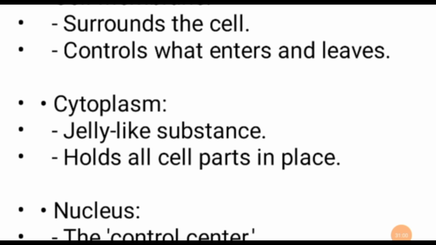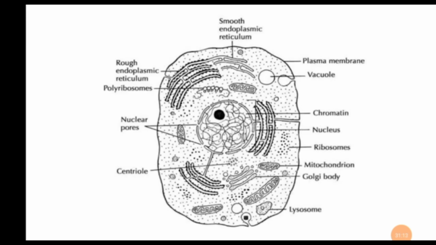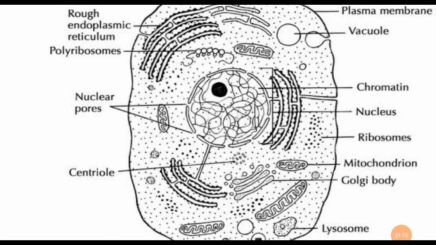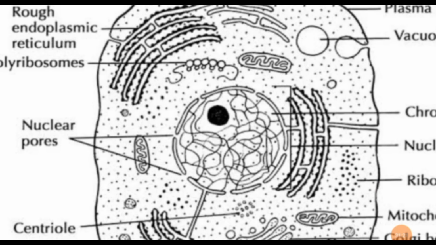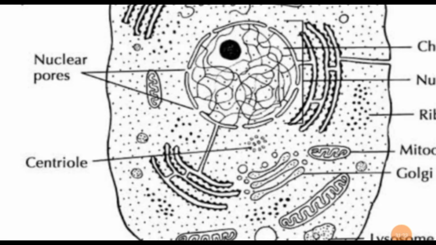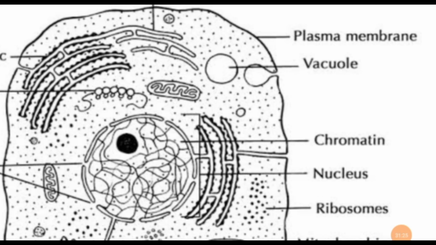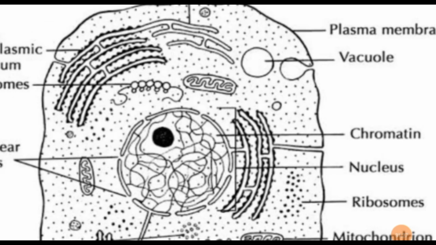Next we have the cytoplasm. The cytoplasm is a jelly-like substance, and it holds all cell parts in place. Let's see how it really looks. In this plant cell, all the dots you are seeing are called the cytoplasm.